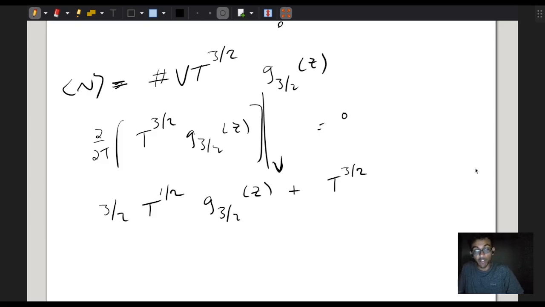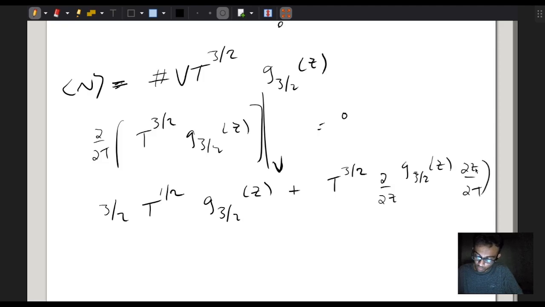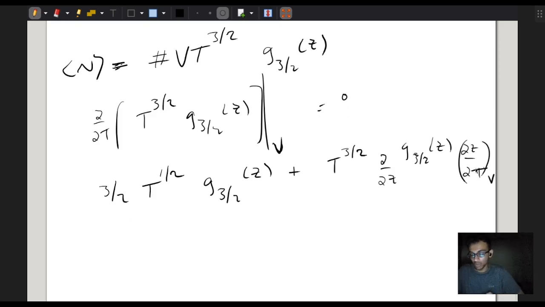Now we have a derivative of the Bose-Einstein function. We discussed this at the start of the session. This is going to be equal to dou by dou z of the function times dou z by dou T at constant volume, which is nothing but g half of z by z.